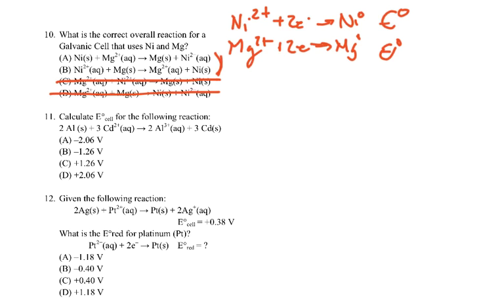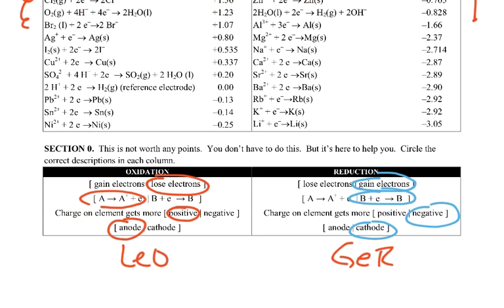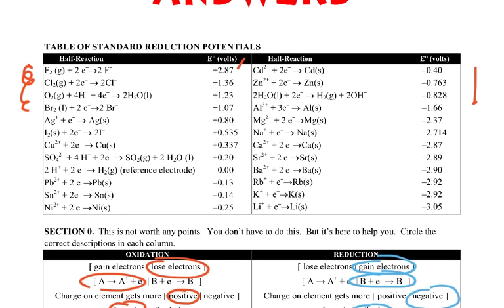One of those is going to happen as is, and the other is going to go backwards. So we're going to go back and find that chart and look up nickel and magnesium. Here is magnesium, and here's nickel. Nickel is minus 0.25, and the other one's minus 2.37 for magnesium.